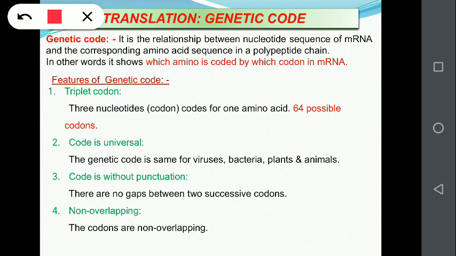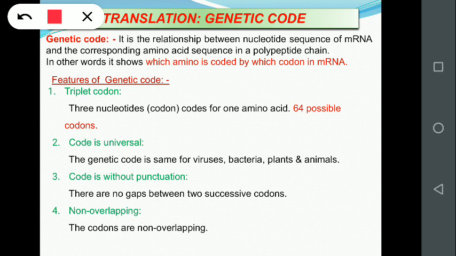The second feature is that the code is universal. You can see the genetic code is the same for viruses, bacteria, plants and animals. Different kinds of organisms use the same genetic code table.